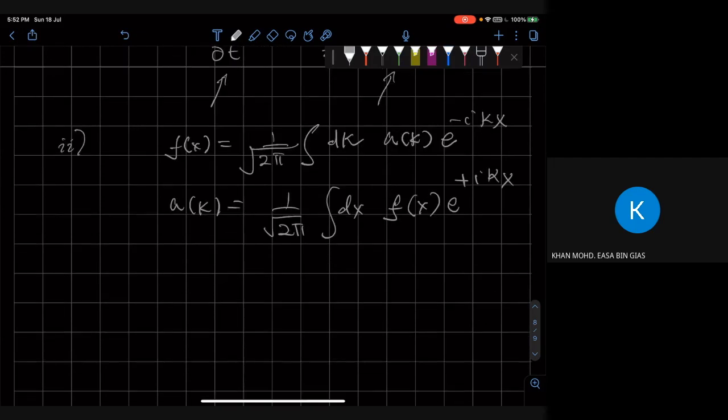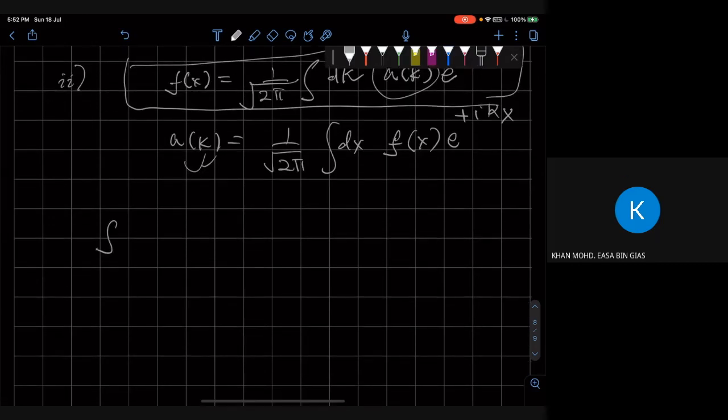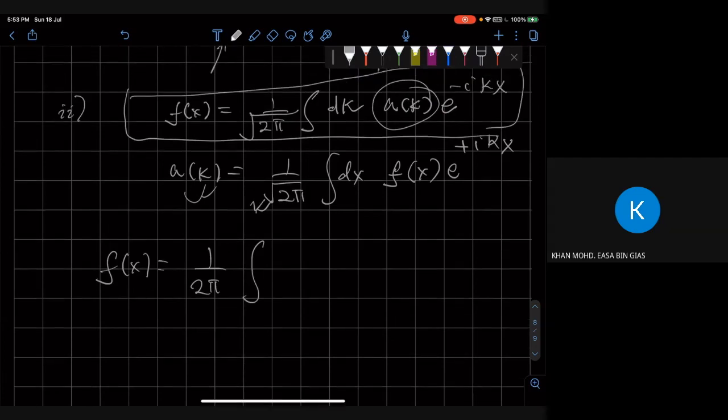So now what I can do is take this expression and replace this by this expression. Then what do I get? I get f of x. So I get 2 factors of these, so this becomes 2 pi. There's no h here because I'm not doing quantum mechanics per se. And then I have dk, but then I have dx.